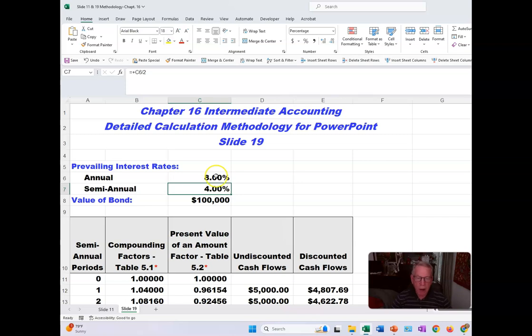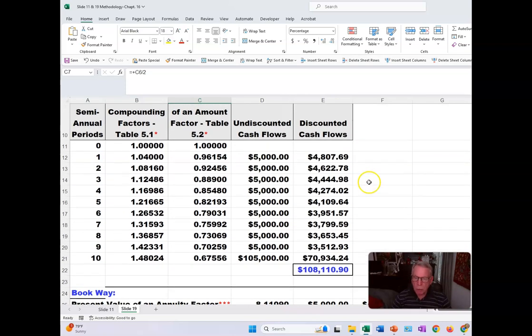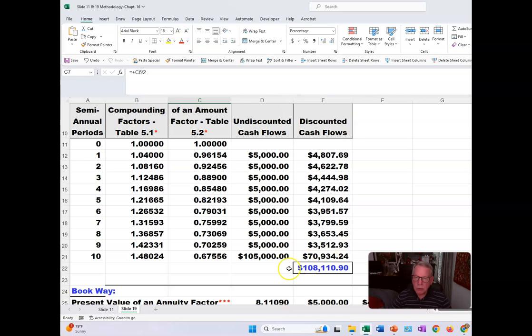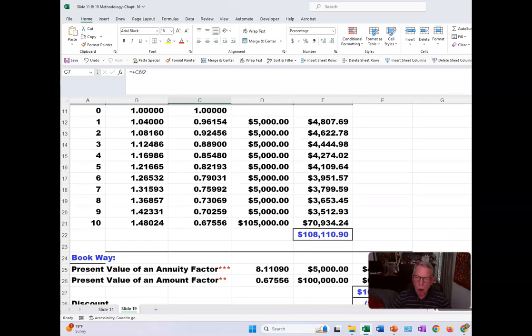Prevailing interest rates are 8%. So as a result, our discounted cash flows total $108,110.90, rounded to 108,111. And we do it the same way as we did before here.